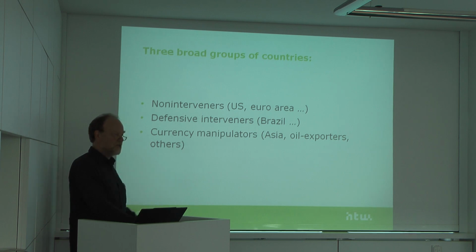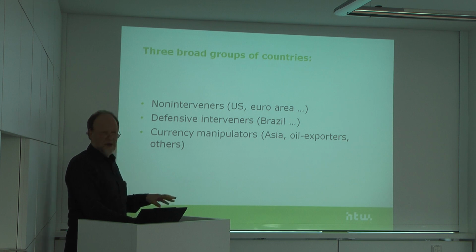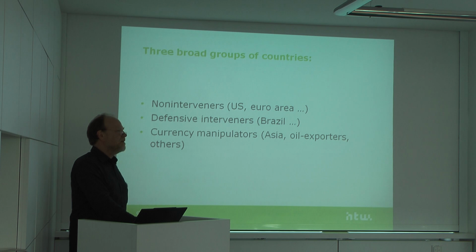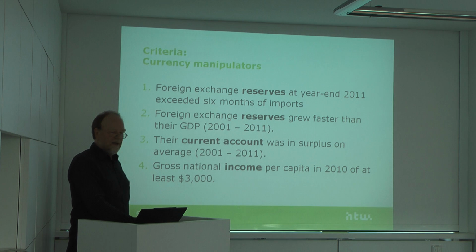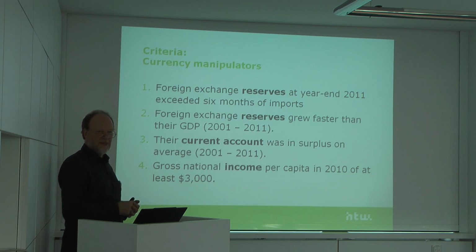They make intervention, but they make intervention mainly in order to stabilize their own position. And we have the real currency manipulators. That's mainly Asian countries, the oil exporters, and some other countries.